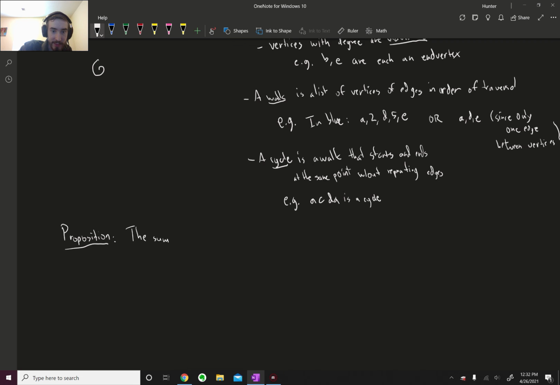It says the sum of the degrees of the vertices of a graph is twice the number of edges.